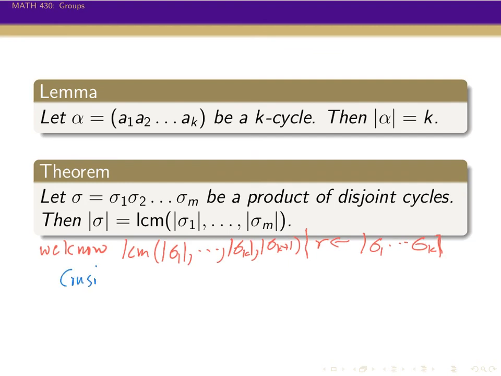Consider taking sigma 1, sigma 2, up to sigma k, including sigma k plus 1, and then raising that to the LCM of all of their orders.